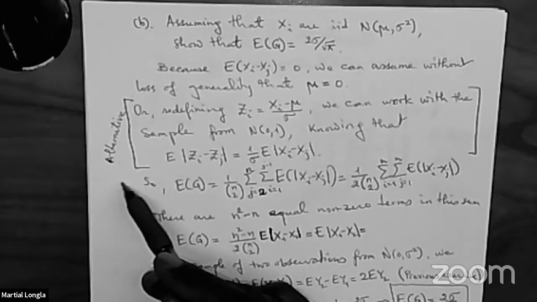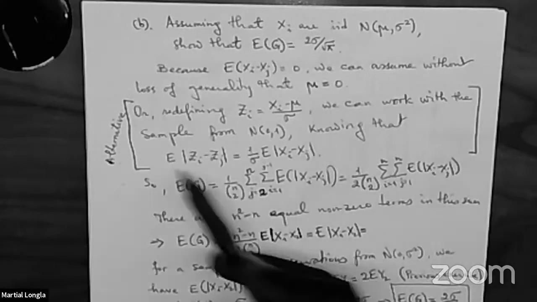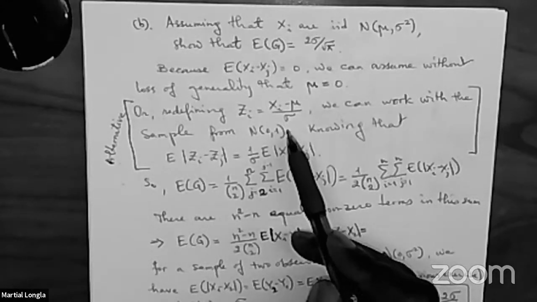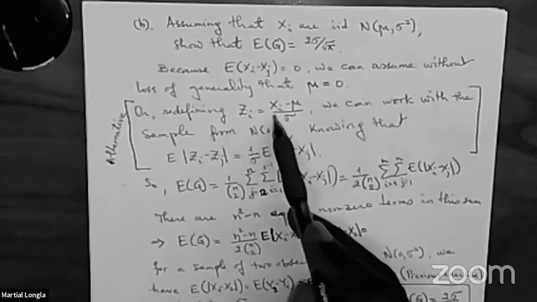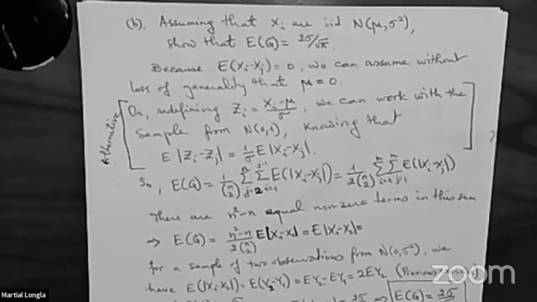If you don't have the ideas that I used to give this answer, you can use this as an alternative way of answering the question. Just redefine Ci as xi minus mu over sigma and work with the sample from the normal 0, 1 because Ci will be standard normal. And then you do the calculations.